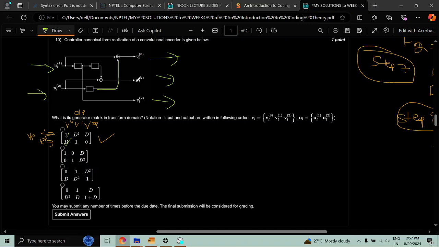Similarly, for the second output, the first one is delayed by order 2, and the second one is directly connected. Similarly for the third one, there is a delay from the top one, and there is no connection from the second input, so 0. So this one is satisfying. These were my solutions for week 4.